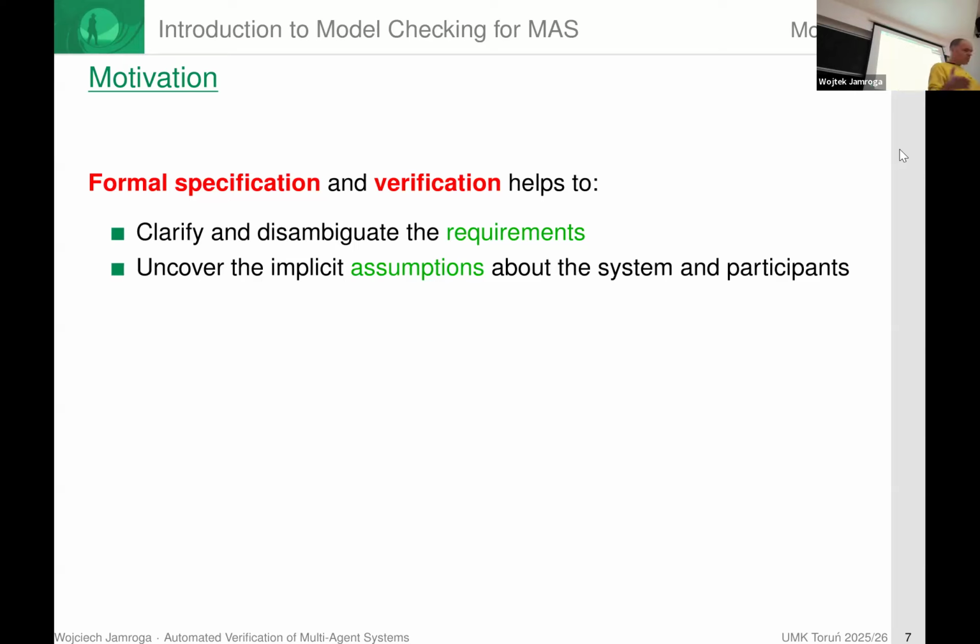And if we want some kind of information security, we may want to require that some sensitive information will never leak, or if it leaks, only a small amount of sensitive information leaks to third parties, and so on and so on.